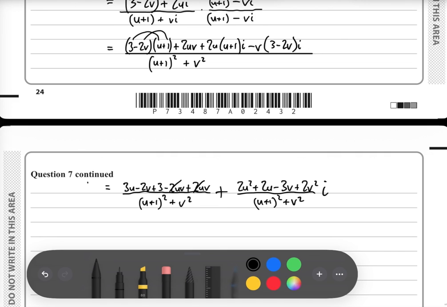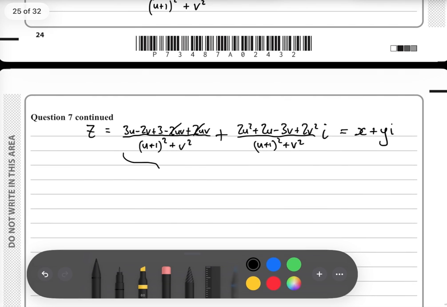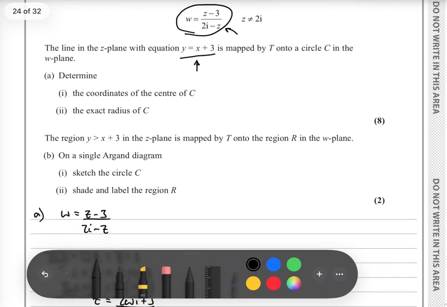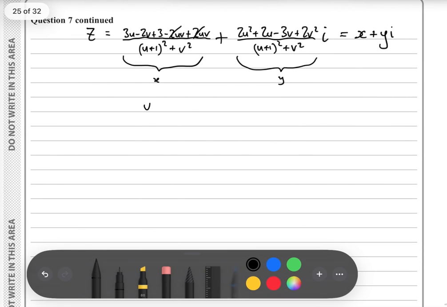And the point of doing all of that work was because we know that this is x plus yi, so this fraction is x and this fraction is y, and we know from the question the relationship y equals x plus 3, so we can equate using these two fractions and get rid of the i. So that's 2u squared plus 2u minus 3v plus 2v squared.